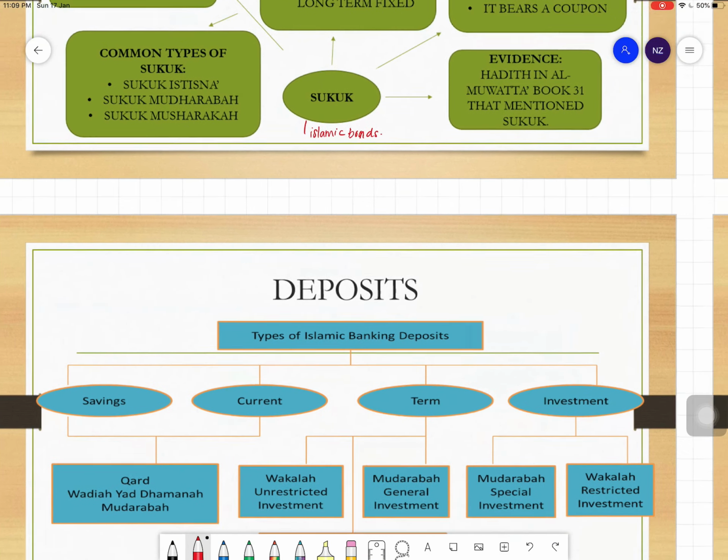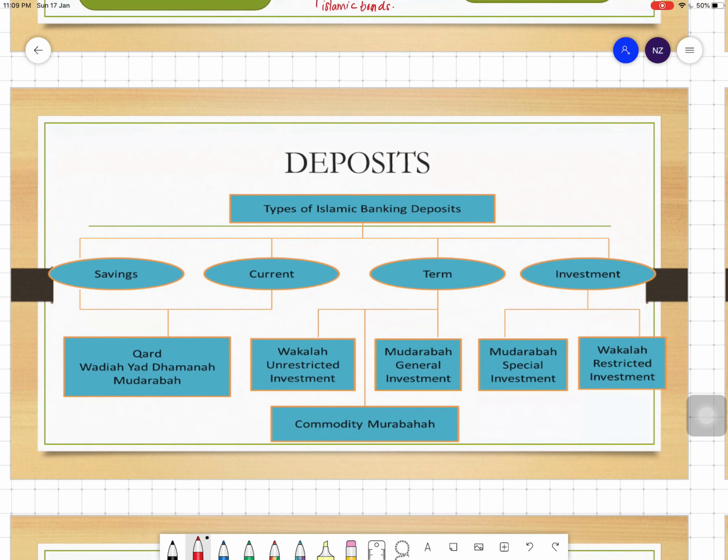Okay, untuk deposit. Deposit ni kalau secara general saya nak bagi tahu ataupun nak fahamkan korang, deposit ni is something yang kita simpan duit, betul tak? Macam ayat yang kita selalu guna dengan deposit ni is like macam ni. Oh, aku nak deposit duit aku dalam bank lah, macam tu.